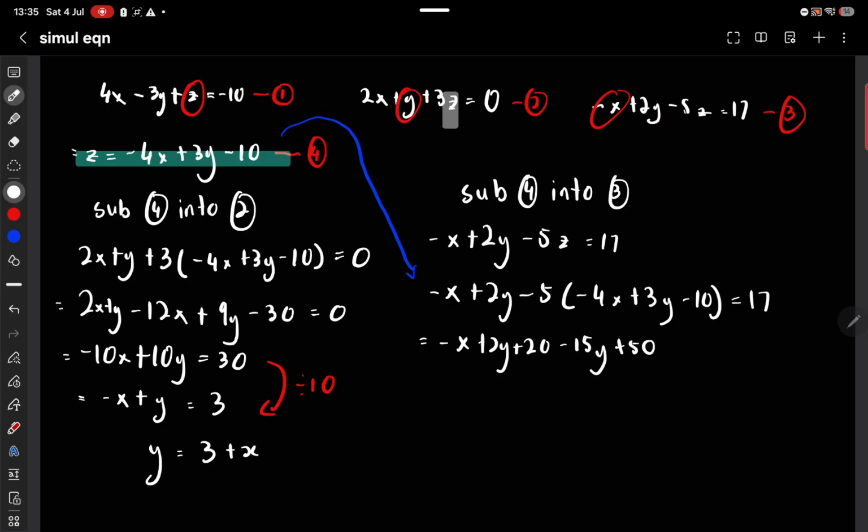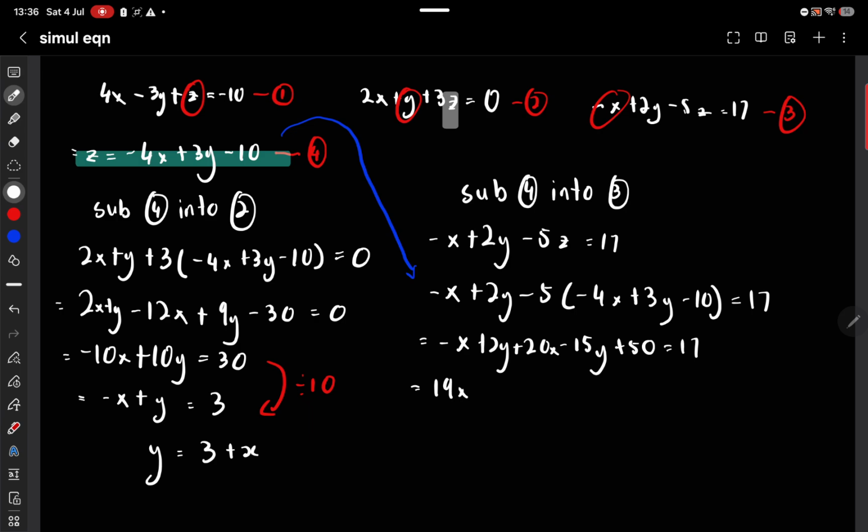So we bring 50 right there, equals 17. Then we make this smaller. Negative x, do we have any other x in here? We do, I just forgot to add the x there. So negative x plus 20x will be 19x.